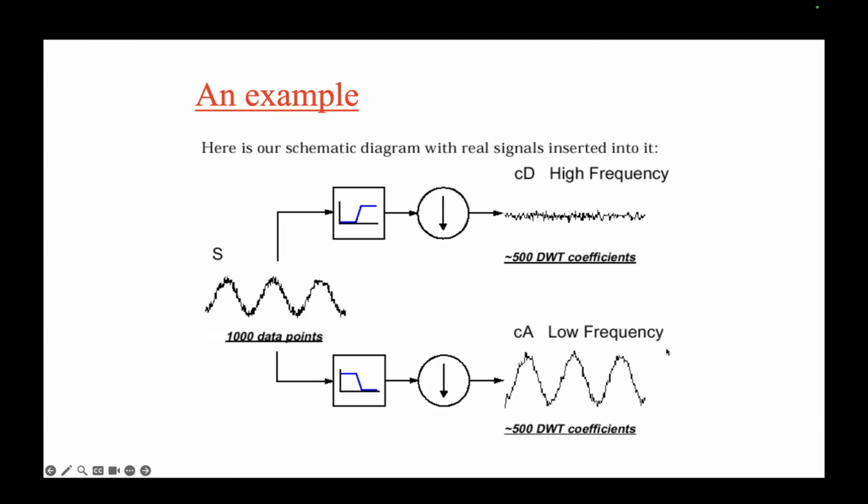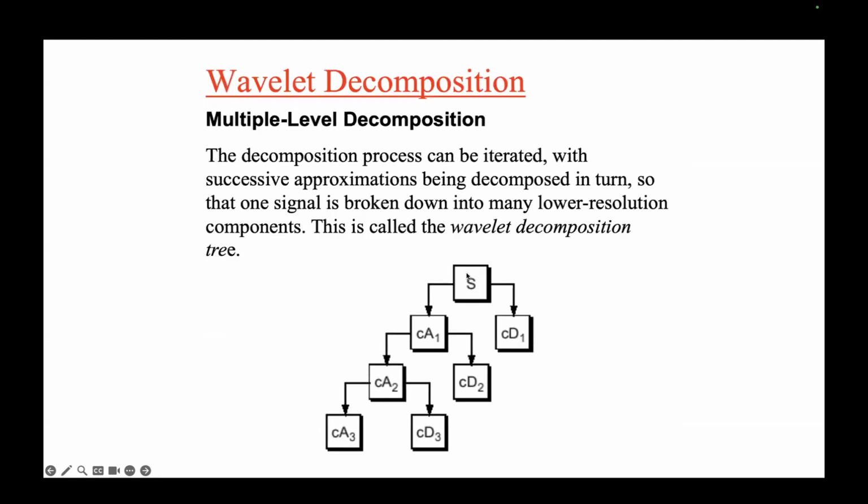We divide this approximation into two parts, higher frequency and lower frequency. This is the first approximation. Then we get a second approximation and second detail signal. And then we can repeat this process however many times we like. So this is basically your discrete wavelet transform.